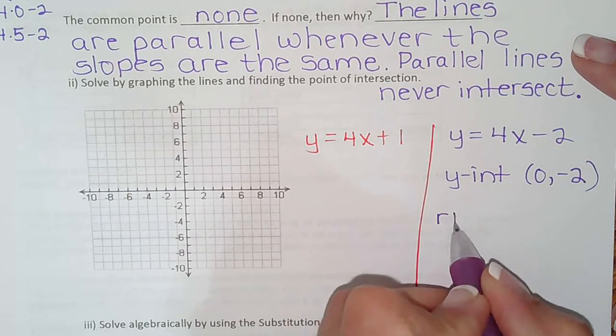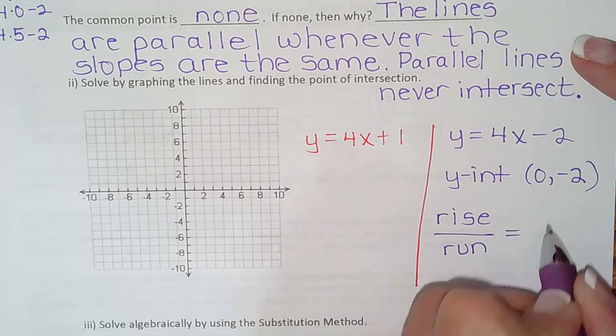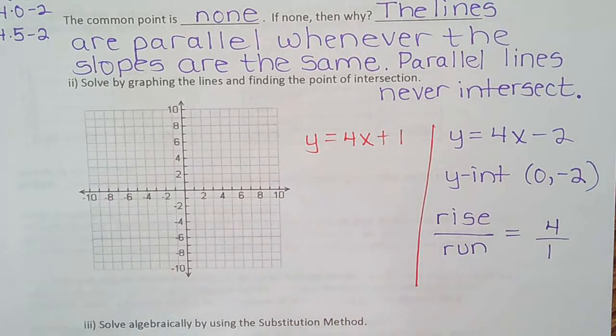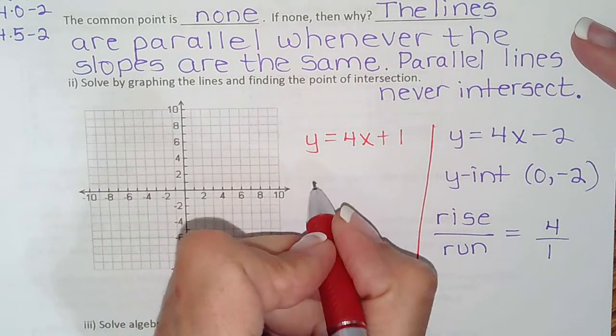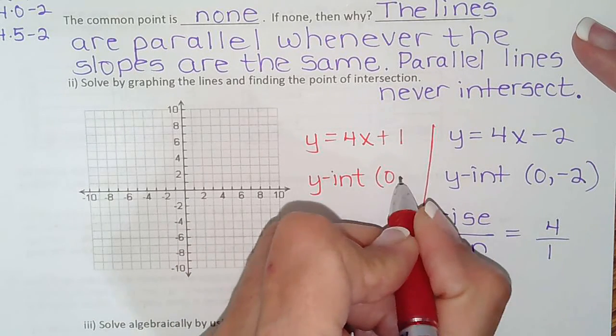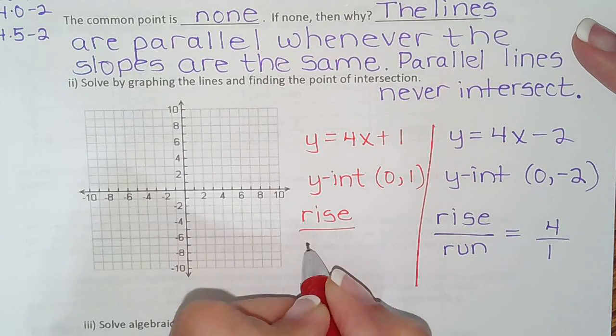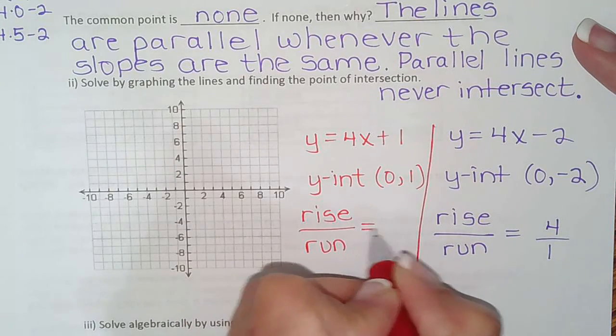And the rise over run, which is a slope, would be 4 over 1. And same thing here, y-intercept 0, 1. And the rise over run is 4 over 1.